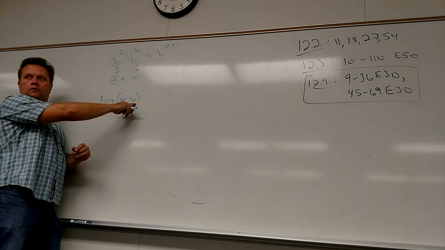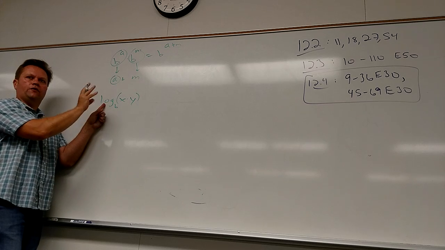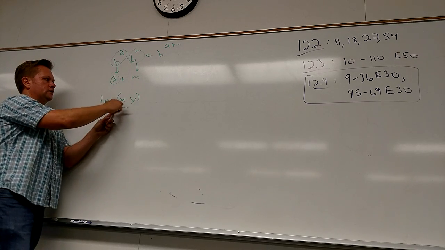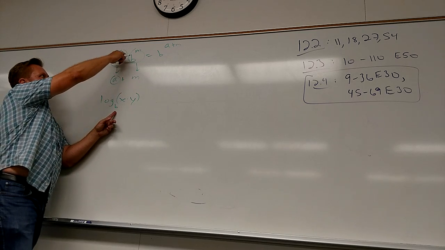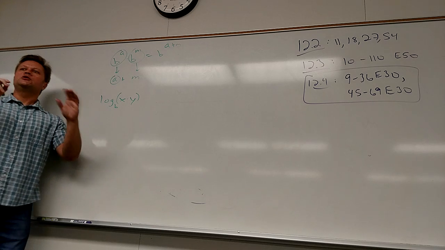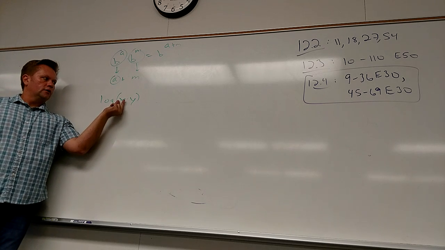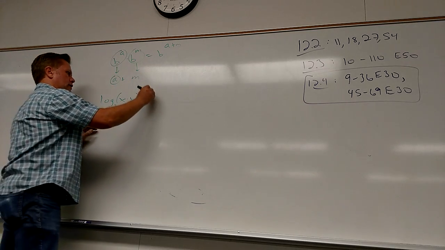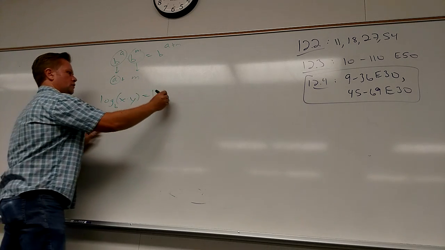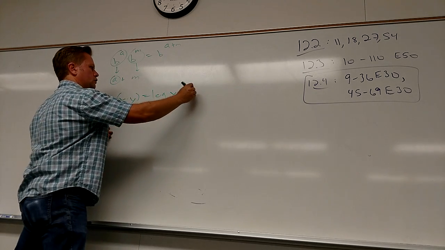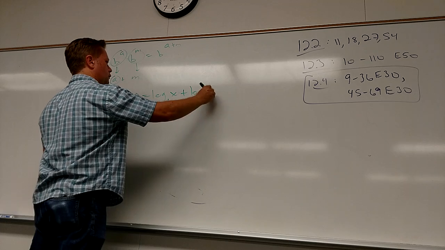What the log says is focus on the powers of these things. b to the what is x, b to the what is y. Well, b to the a is x and b to the m is y. We don't have to know all that. What would I do with the powers when I'm multiplying things with like bases? I add the powers. So what's the power on the b to make x? Log base b of x. And I'm going to add that to log base b of y.